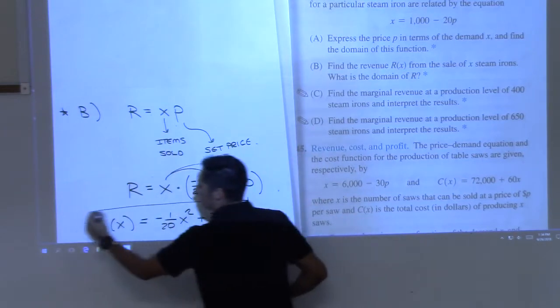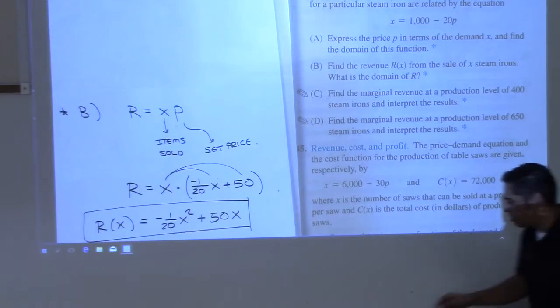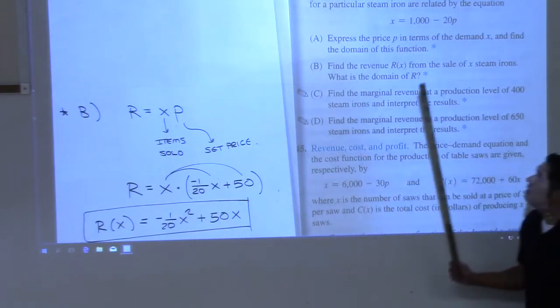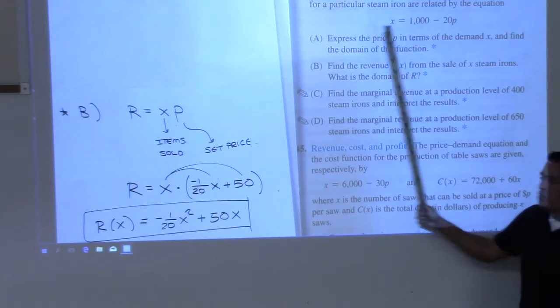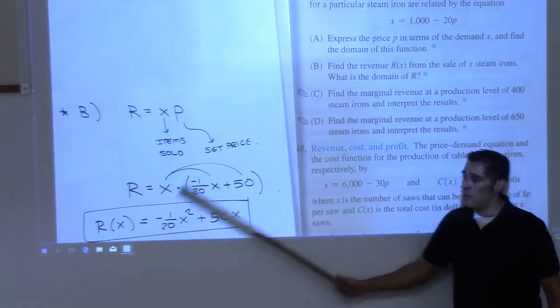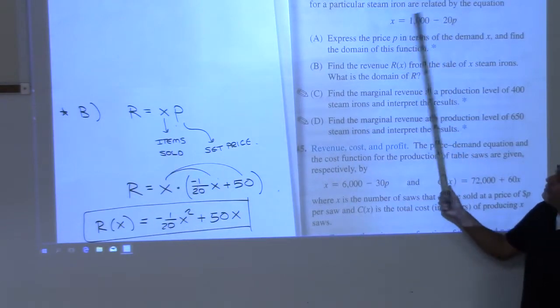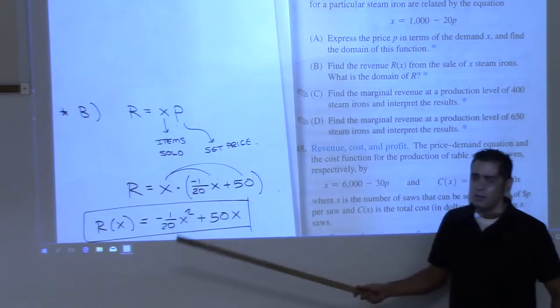This is our revenue function. It's critically important that if you're given a price-demand equation, you can always generate the revenue function from it. You have to solve it for p first, and then plug it right into this formula. Once you do that, you have your revenue function.